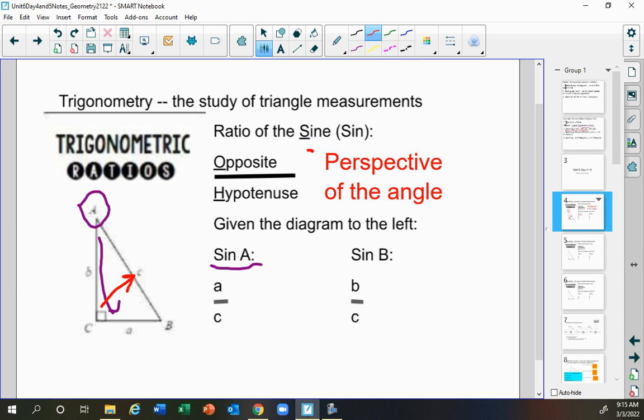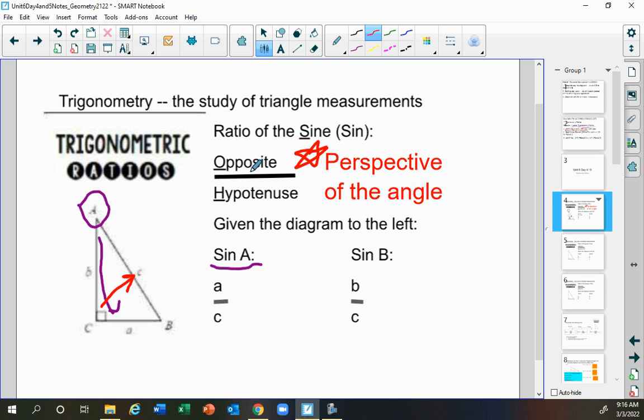So that's what I'm telling everybody. With the sine, along with the cosine, you have to look at the perspective of the angle. Given where the angle is located, that's how you're going to determine your sine, cosines, and all that.